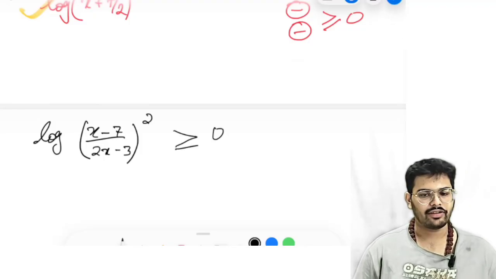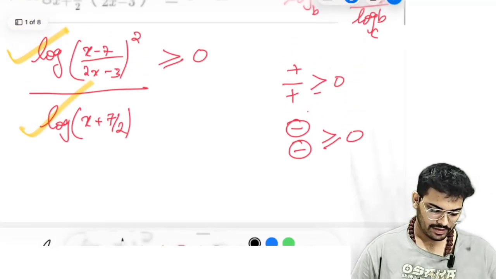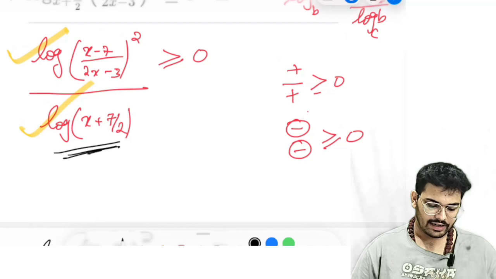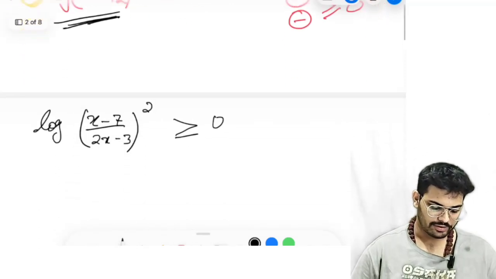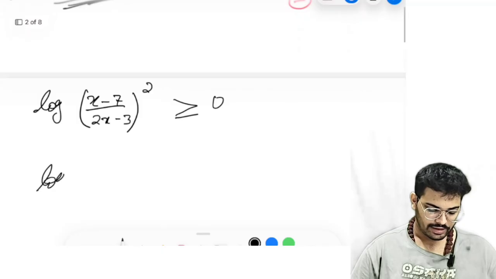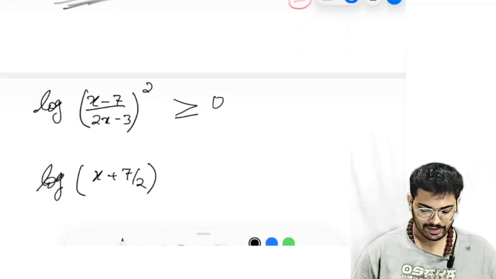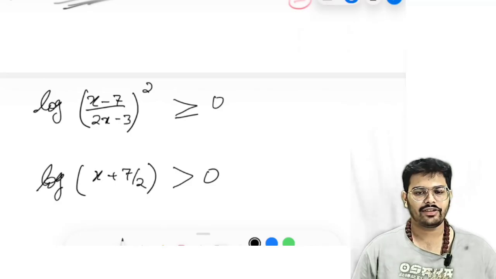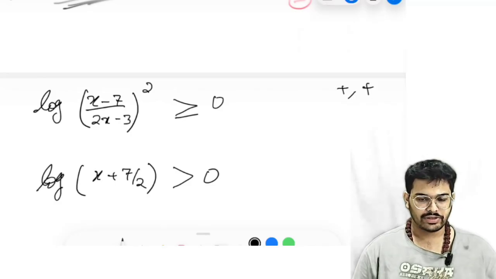The denominator can't be 0, it should be greater than 0, so log of (x plus 7 by 2) will be greater than 0. That's our first case, where numerator and denominator are both positive.